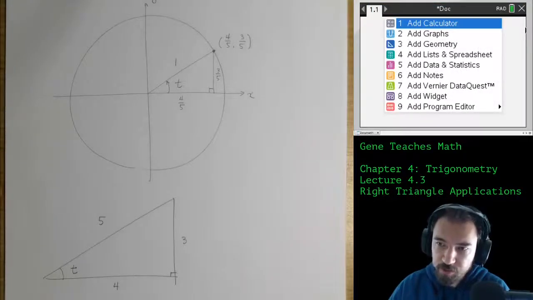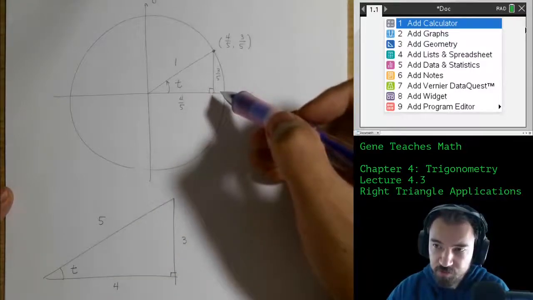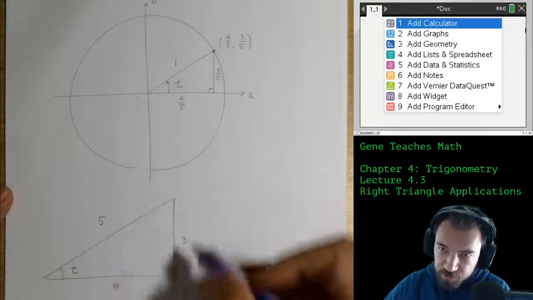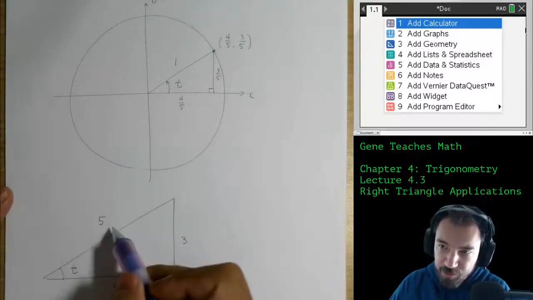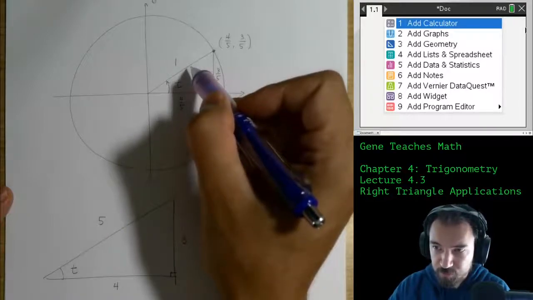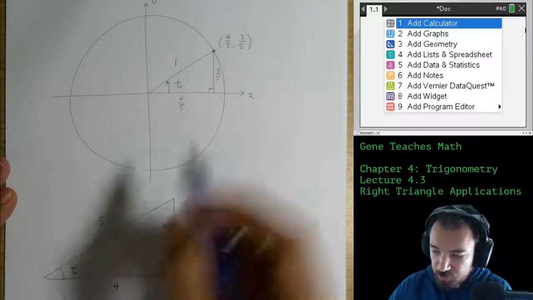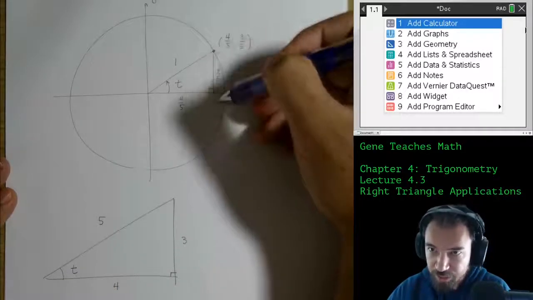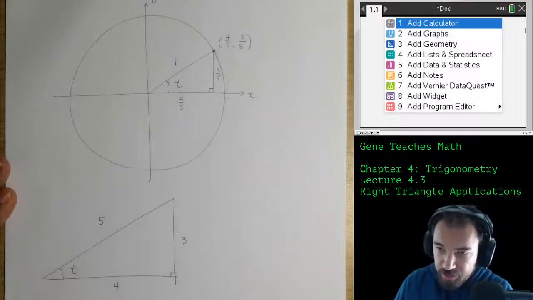So then if we think about the relationship between any triangle and the version inside the unit circle, we understand that we would need to take a triangle and shrink it down by a factor of the hypotenuse, so the hypotenuse would become 1 and fit in the unit circle. So we understand then that sine of t, which is going to be the height in the unit circle, is going to be the opposite side divided by the hypotenuse.